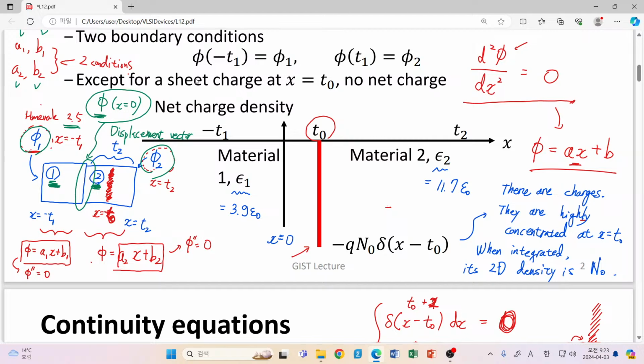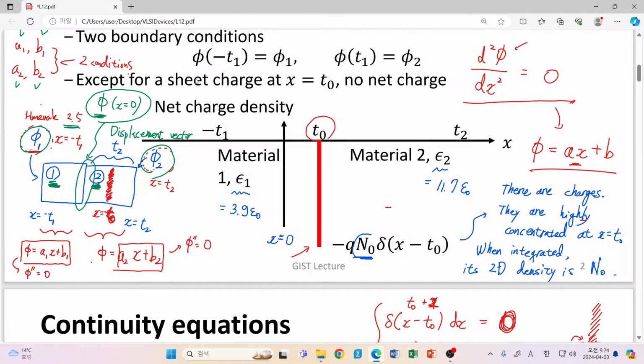Now, sometimes in the modeling of semiconductor devices, you see this situation. Your electrons can sometimes be regarded as just a sheet charge, although located somewhere, and it is more convenient to consider not three-dimensional density but two-dimensional density.